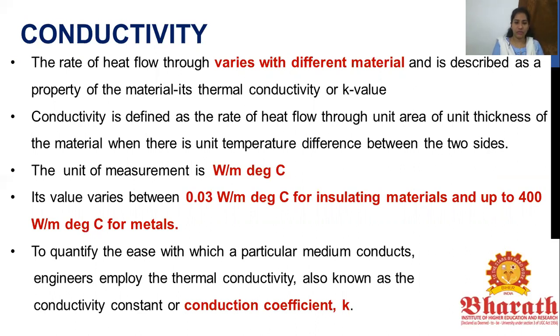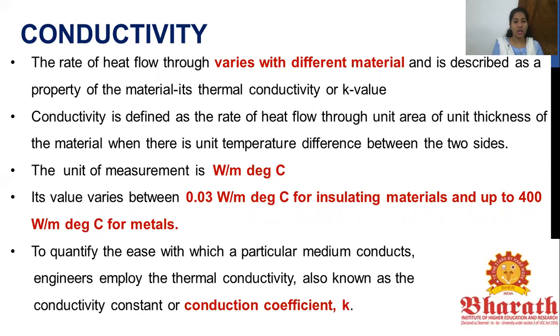Conductivity is defined as the rate of heat flow through unit area of unit thickness of the material when there is a unit temperature difference between the two sides. The unit of measurement is watt per meter degree Celsius. Its value varies from 0.03 for insulating materials up to 400 watt per meter degree Celsius.